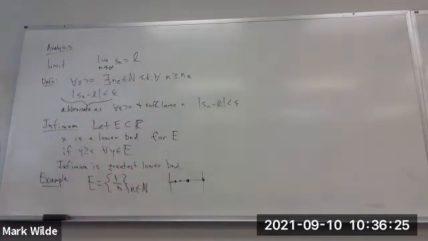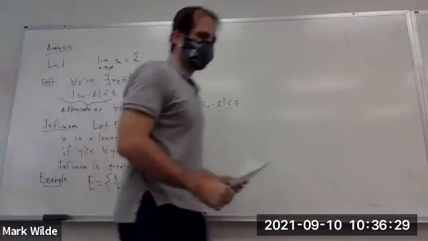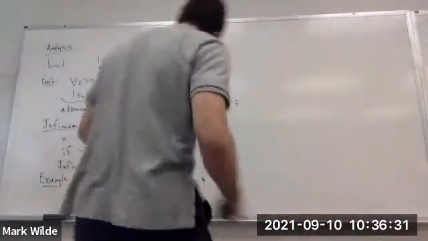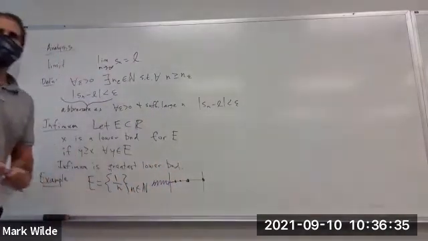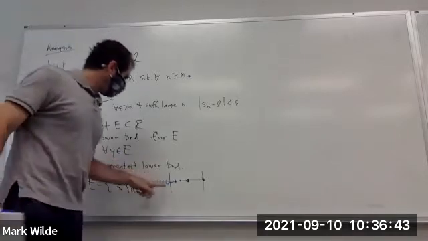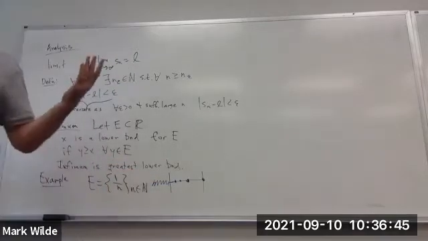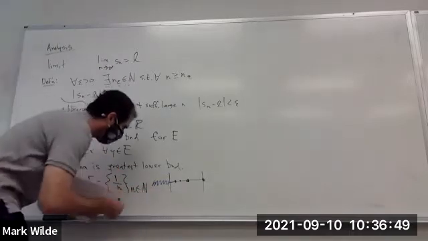And you know, everything over here to the left is a lower bound, right? And then there's a question of what is the greatest lower bound, right? And that's the infimum. So the greatest lower bound here is going to be 0, right? That's the greatest of all these lower bounds, right?